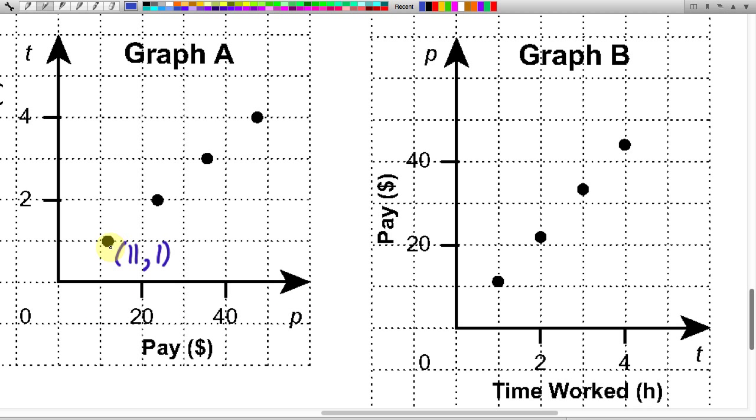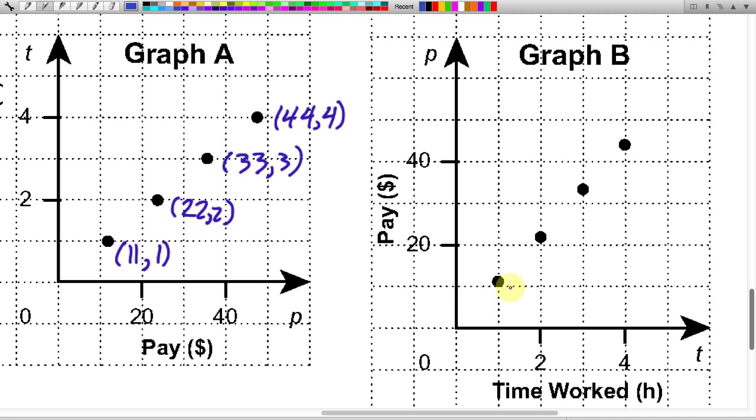So $11 paid for 1 hour of work. And certainly this looks like 22, 2 and this looks like 33, 3. So you might think, oh yeah, this kind of makes sense, 44, 4.